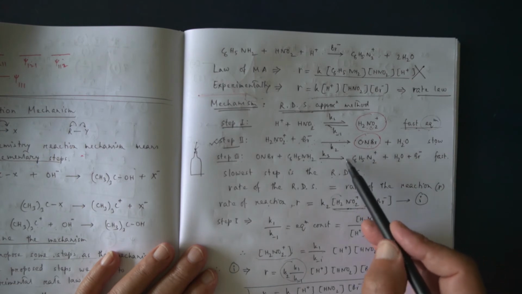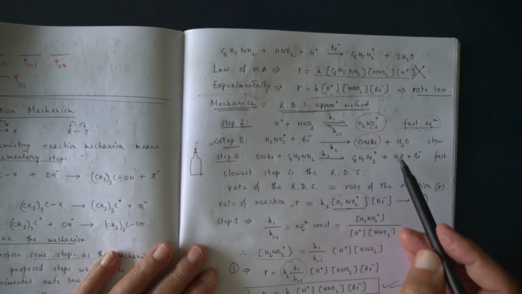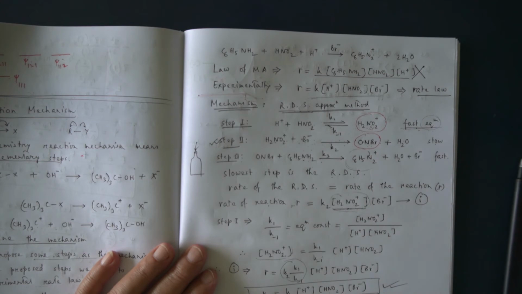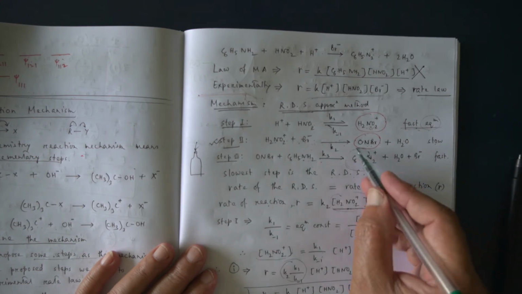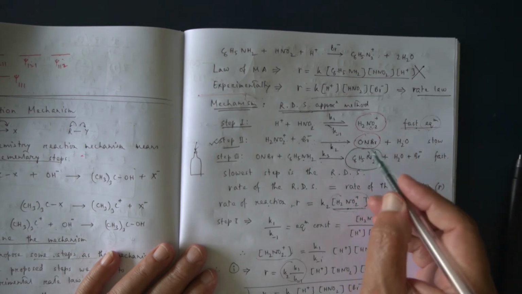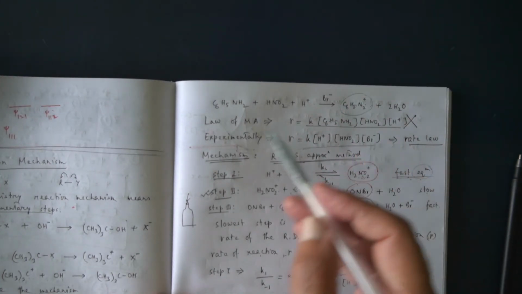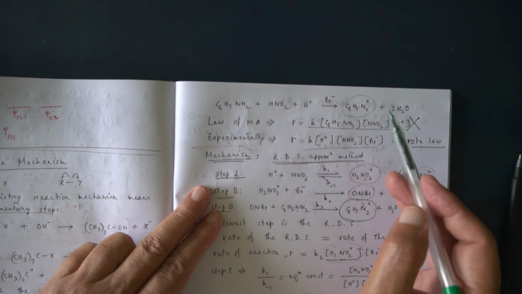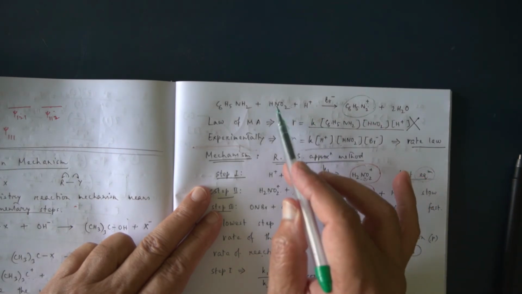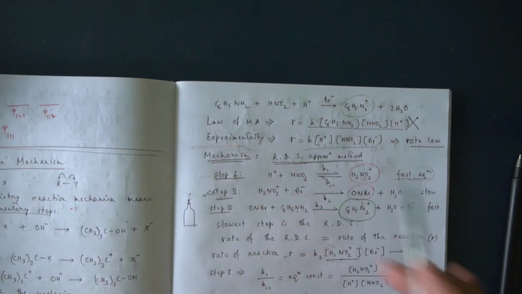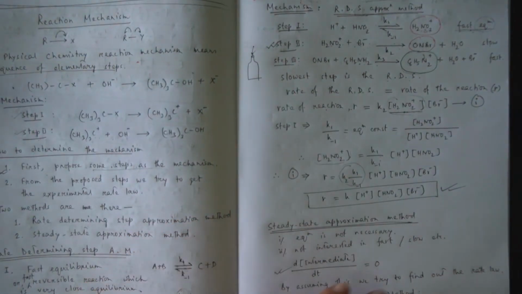This is the product of the reaction. Now, if we write the rate definition, from the definition, the rate of the reaction.